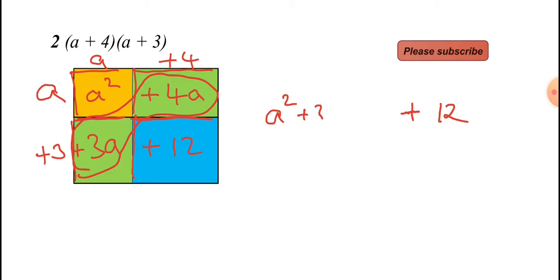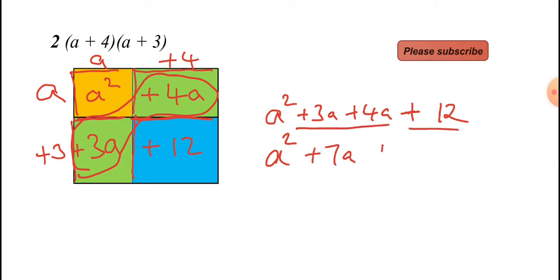So the a squared cannot be simplified, we just copy it down. Plus 3a plus 4a is plus 7a, and then plus 12. And that's the final answer: a squared plus 7a plus 12.